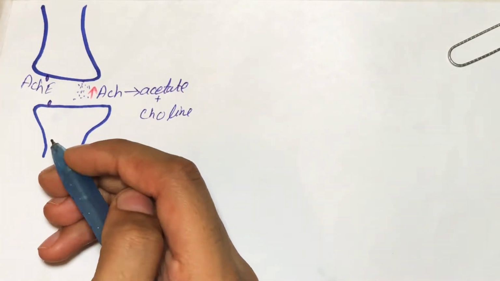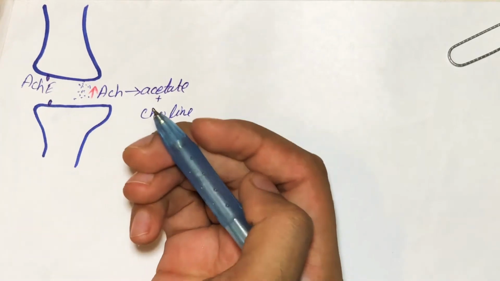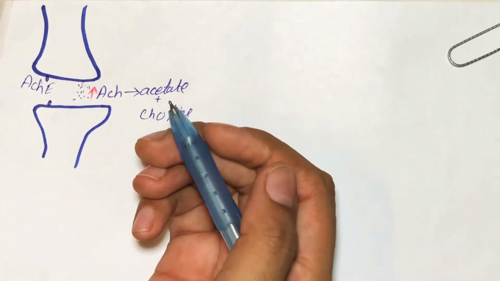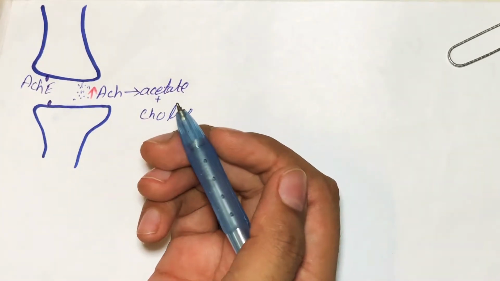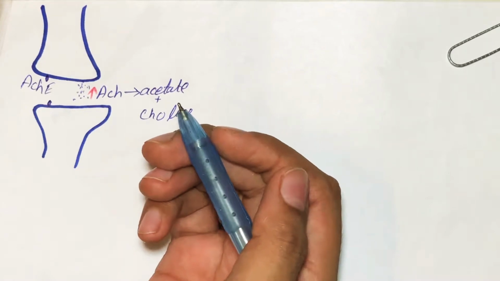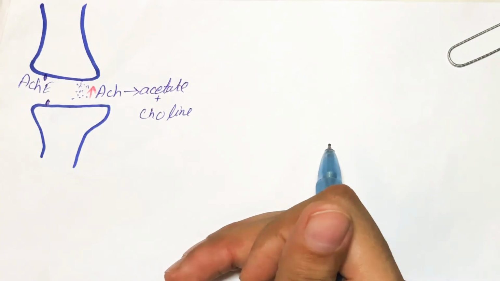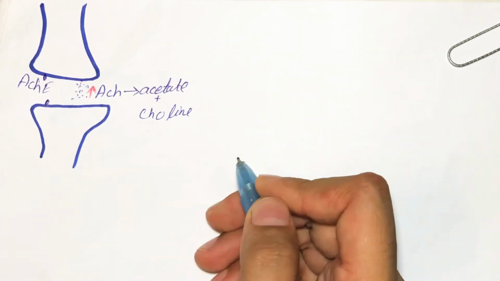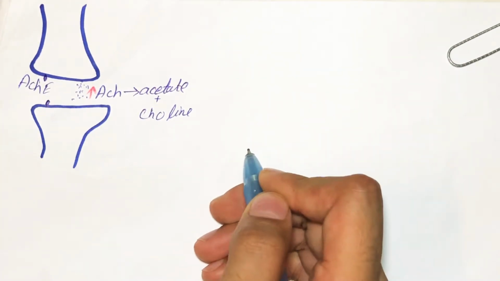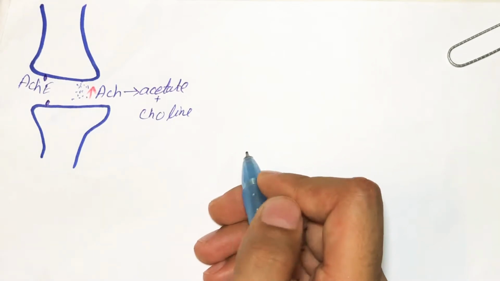anticholinesterase agents, and they can be of two kinds. One of them is reversible and the other is irreversible. These drugs provoke cholinergic responses in the whole body.